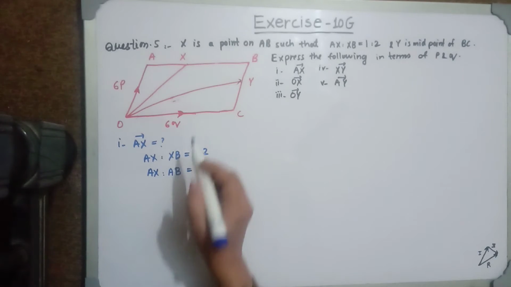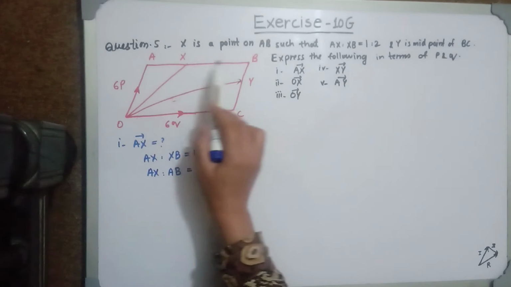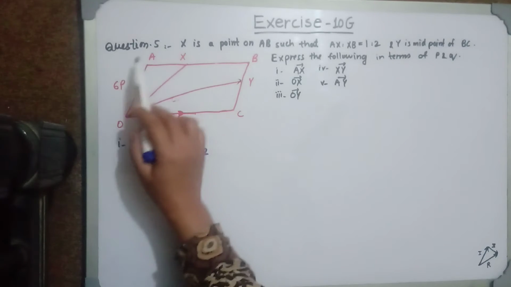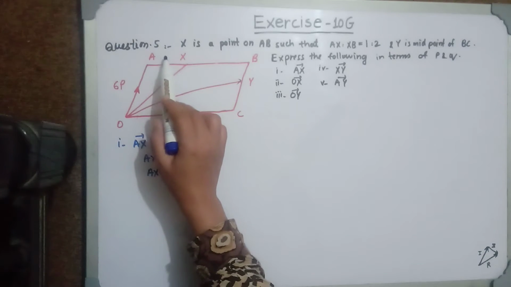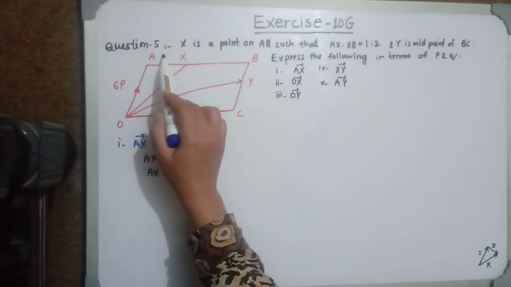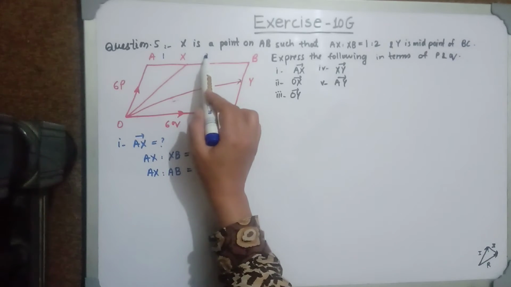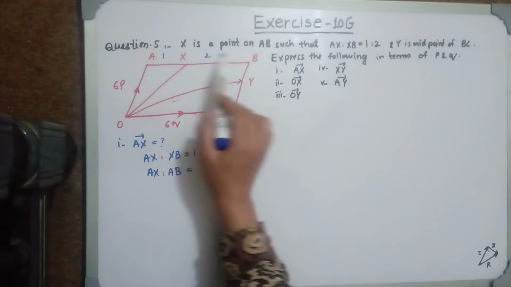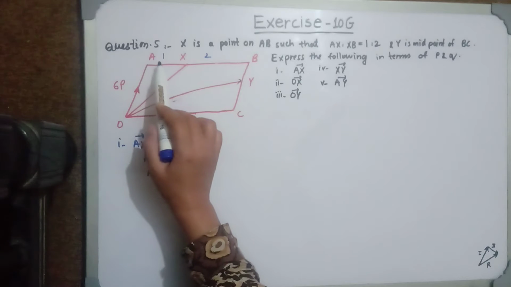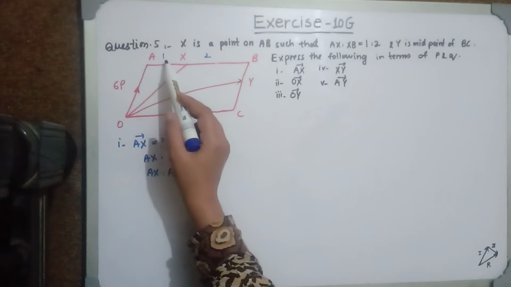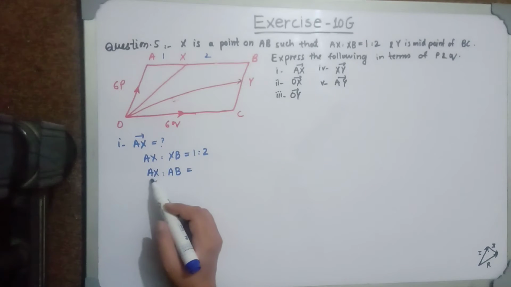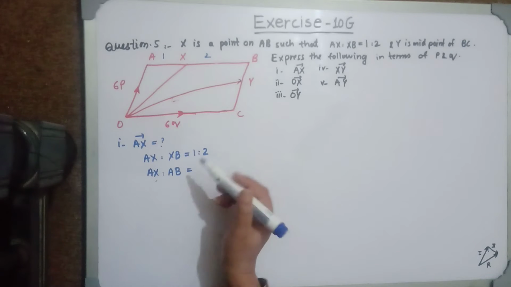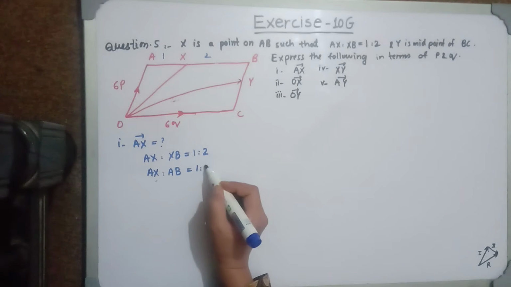If I take the whole side AB, and I know that AX is 1 and XB is twice of AX, then AB will be equal to 3, right? And AX will remain 1. So I have taken AX ratio AB, which will be equal to 1 ratio 3.